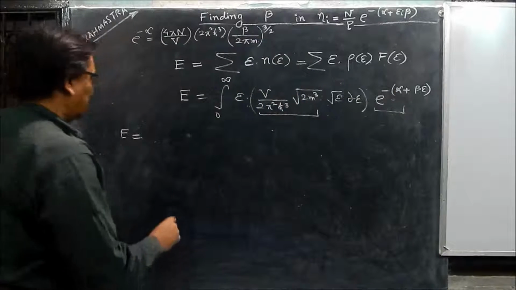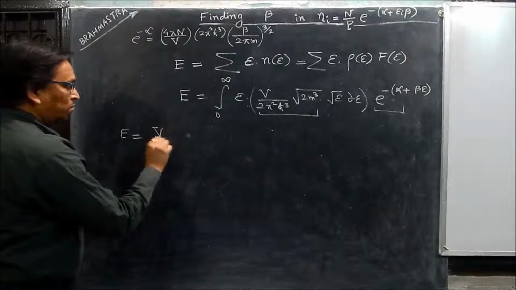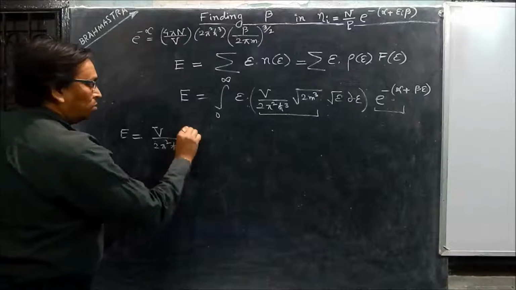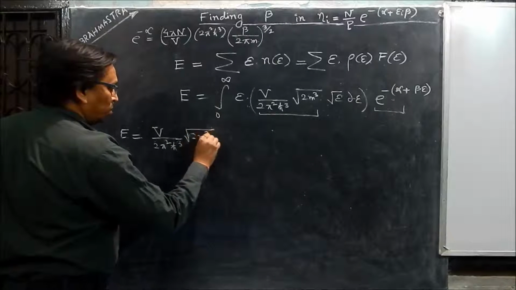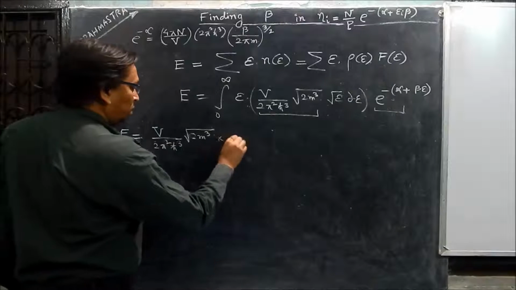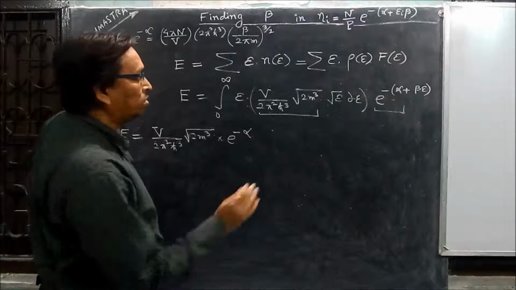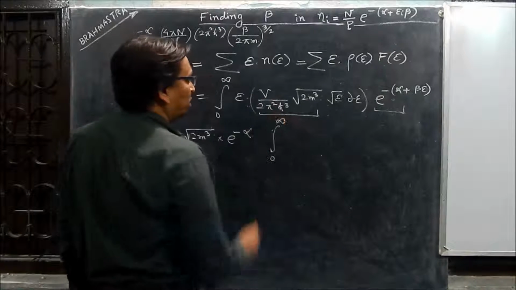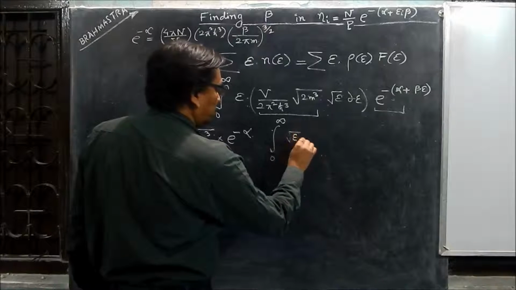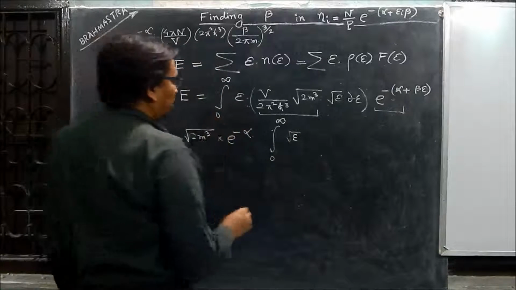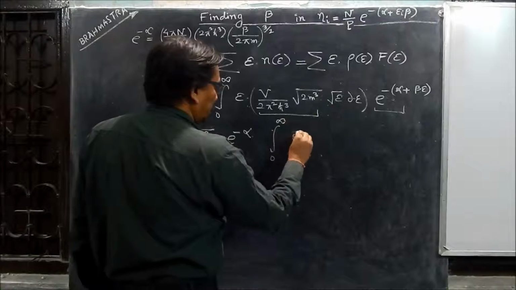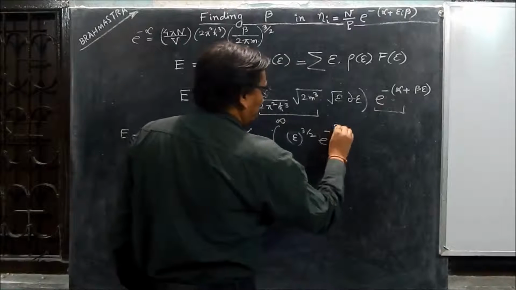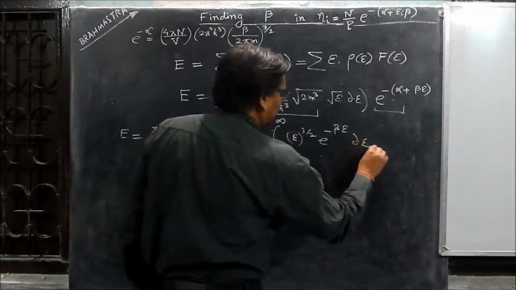We take these outside, and what remains is the integration from 0 to infinity of root epsilon times another epsilon, which can be written as epsilon to the power 3 by 2, into e to the power minus beta epsilon d epsilon.